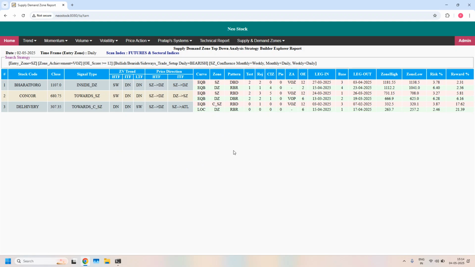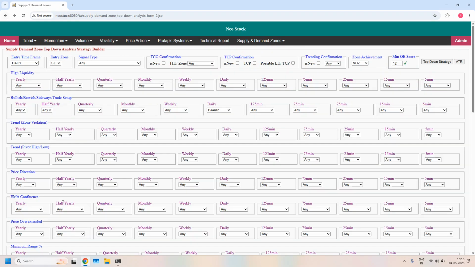Now let's check, out of these 3, only one is having downtrend. So if this monthly supply zone is having monthly EMA confluence, then the overlapped daily supply zone might have a higher probability of success. Let's verify.